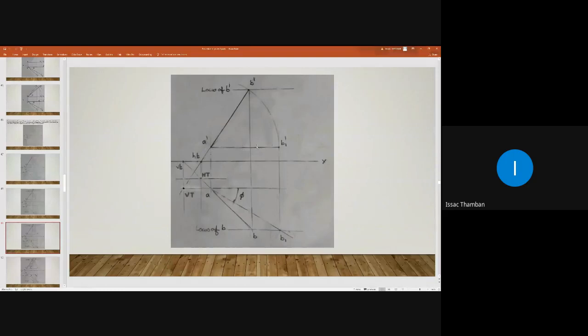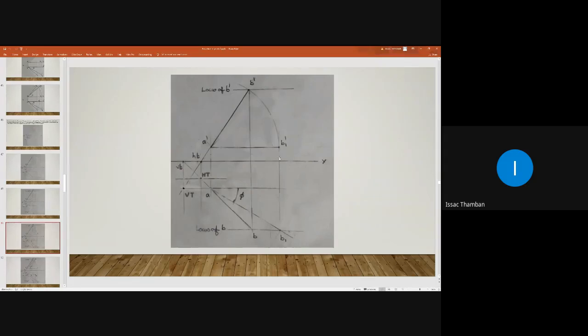After drawing that horizontal line, you take radius A dash B dash and draw an arc with A dash as center, intersecting this horizontal line here. We are making it parallel to HP. So it will intersect here, and that point can be marked as B1 dash.